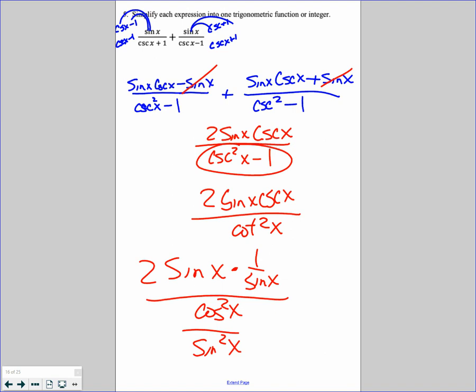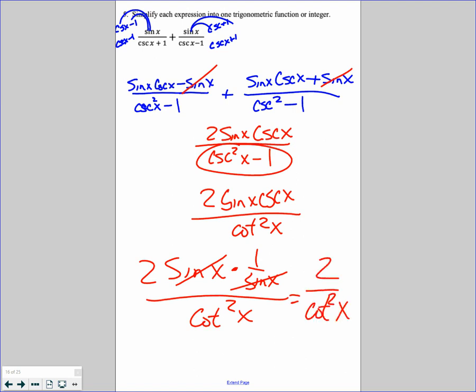And you know what? I'm going to keep this as cotangent squared. I realized I actually don't need to do that. These two are going to cancel. So I'm left with 2 over cotangent squared x, which is equivalent to 2 tangent squared x.